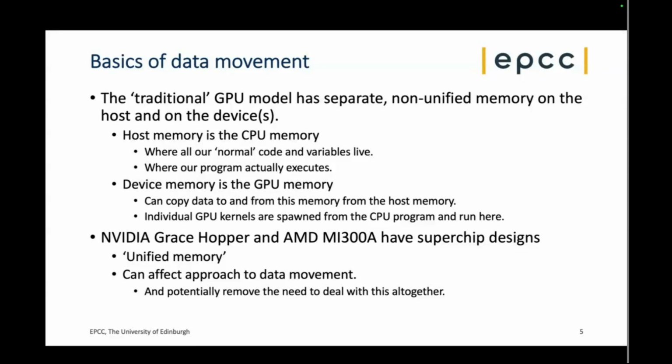On the NVIDIA equivalent, the Grace Hopper, there is different memory for the CPU and GPU, but the GPU can access relatively fast the data which is on the CPU and vice versa. So if you can use one of these, you essentially don't need to bother as much with data mapping. It will work with acceptable performance, although maybe not the maximum performance, as you still want to access the data that is nearest to the device you're using.